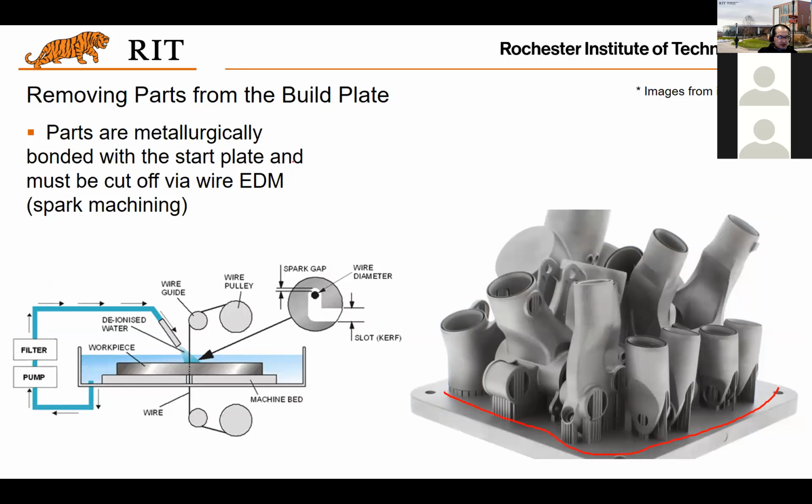Basically, there's a process which uses a wire to cut the parts off from these plates. Here shows this process. The wire is fed through this region and used to cut the parts, and eventually you have the printed region obtained.